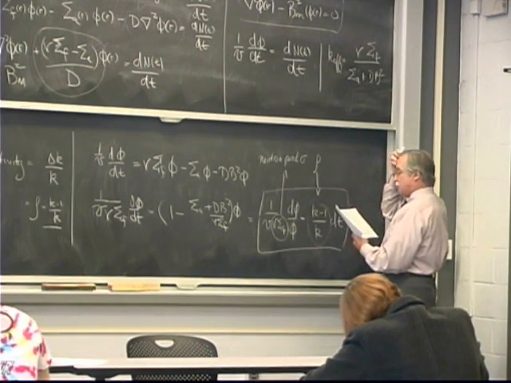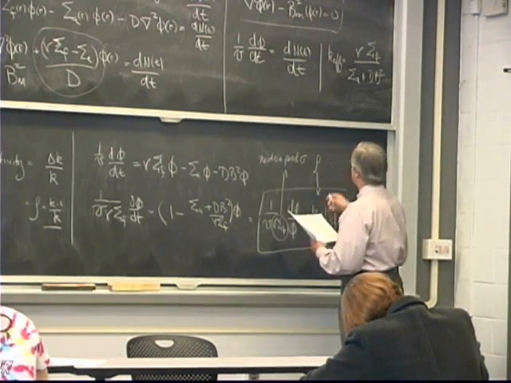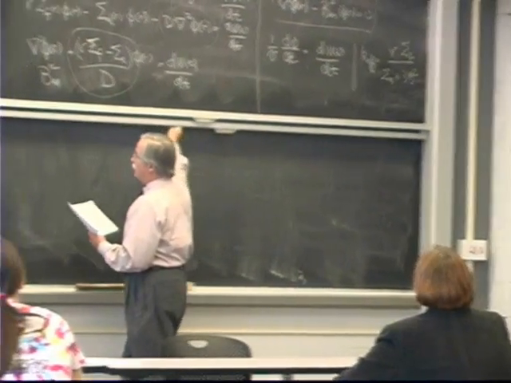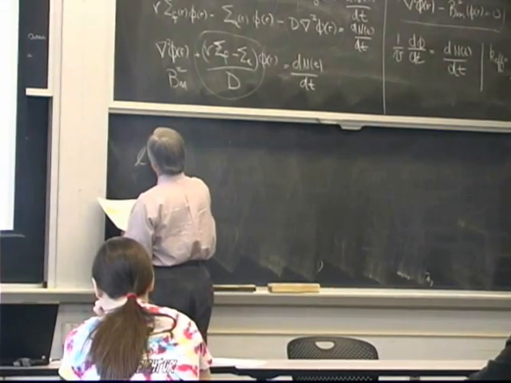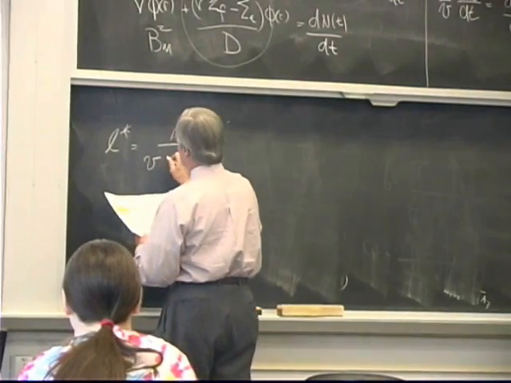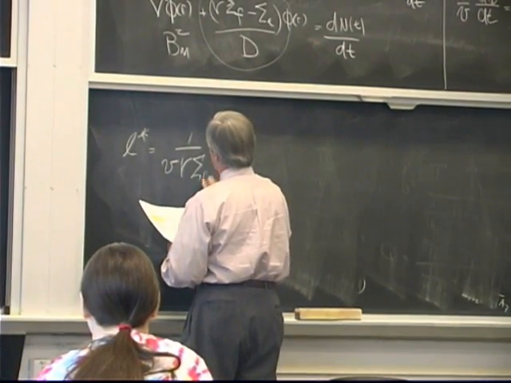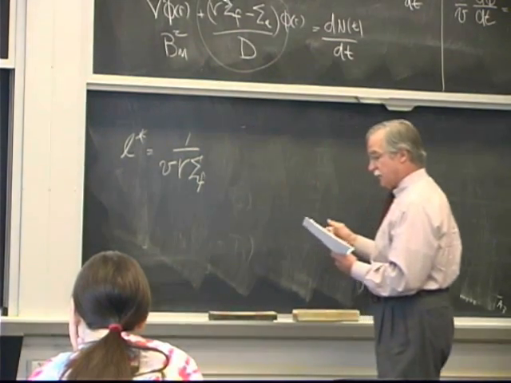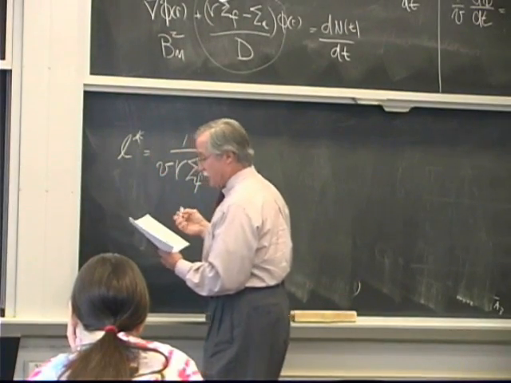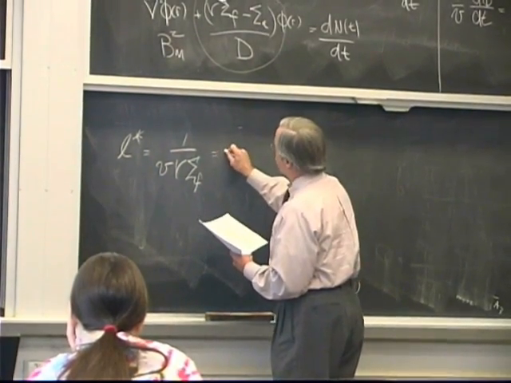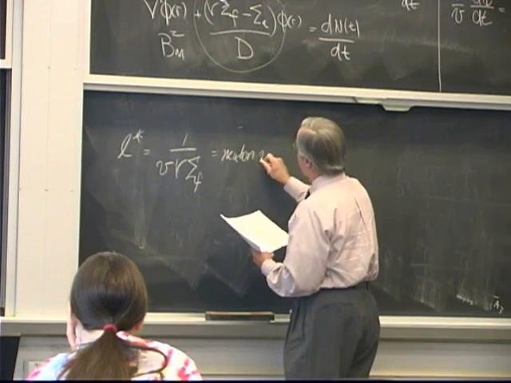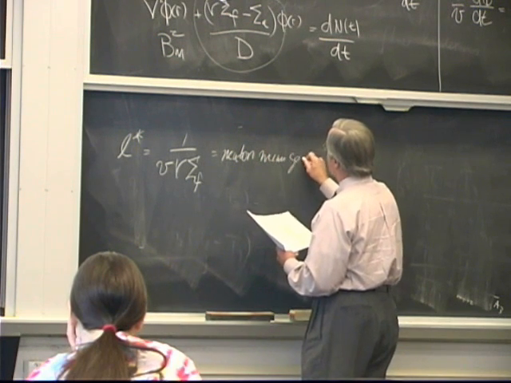And it is related to, and I'm going to have to lift this up so people can read it, another term that we want to define, which is called L star, which is 1 over V nu sigma F. Now L star is basically a relationship relative to the neutron, which is called the neutron mean generation time.